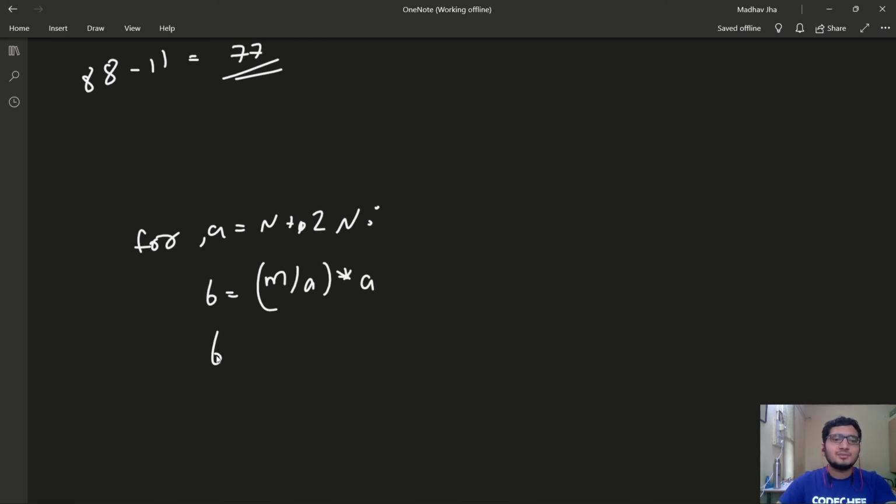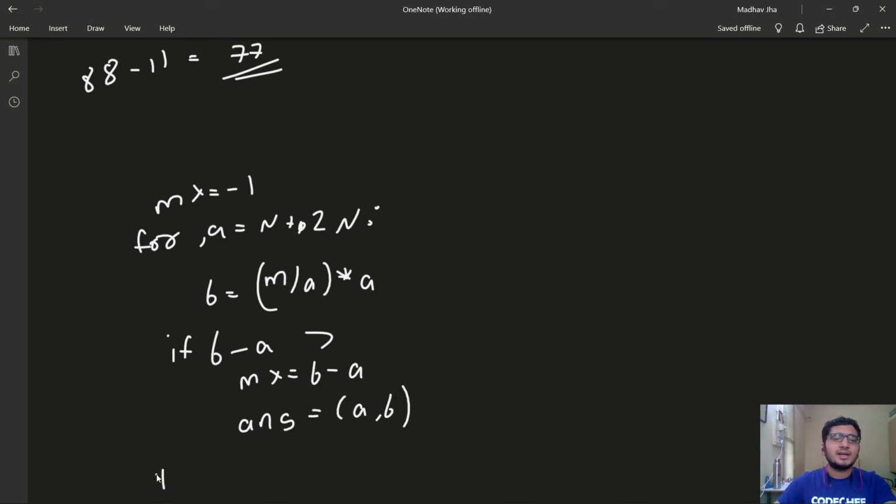Now we can simply say if b minus a is greater than our max, right? Let's say initially max was -1. So if this is the case, we can say that our mx is equal to b minus a, and our answer will hold currently a and b. And at the end, we simply print a and b.